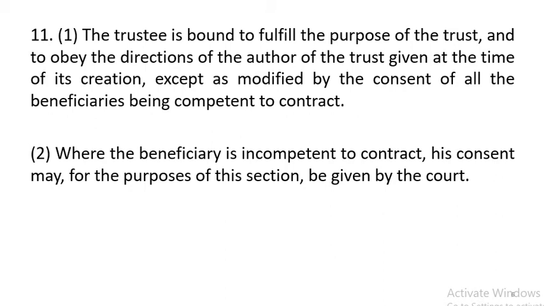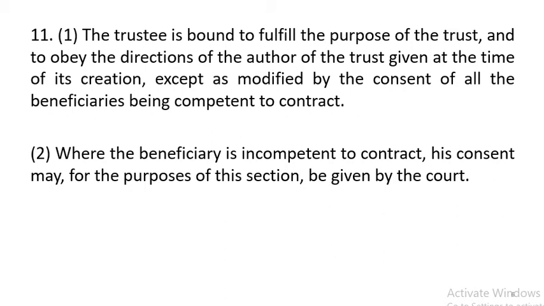Now the basic idea here is that the trustee is bound to fulfill the purpose of the trust. When we execute a deed of trust, we must specifically say what is the purpose or what are the objects of this trust. Then always the trustee is bound to fulfill or achieve the objects of the trust. In addition to that, he must obey the directions of the author of the trust, whatever is given at the time of creation of the trust.